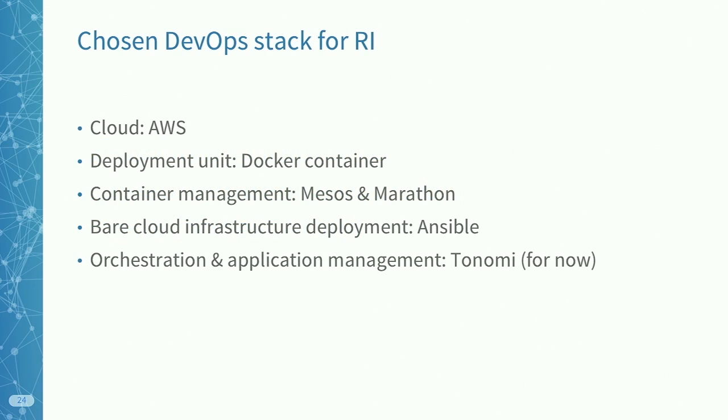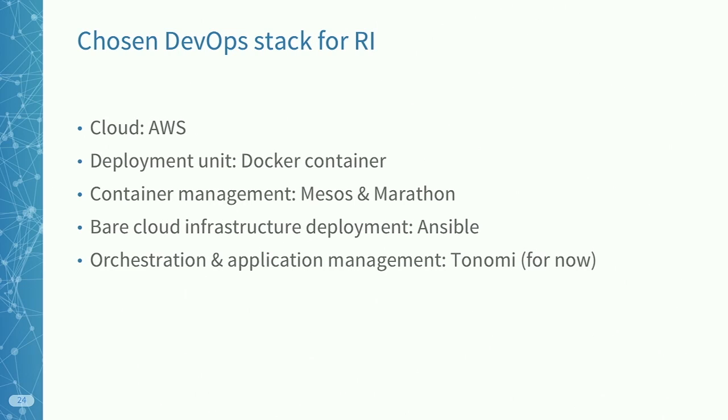So this is the chosen DevOps stack for the reference implementation. The choice of cloud is AWS for no good reason other than we had to choose one, and so that one was chosen. I'll tell you in a second what it takes to deploy it on any cloud, and you'll see that the tie-in to any kind of cloud is extremely minimal.